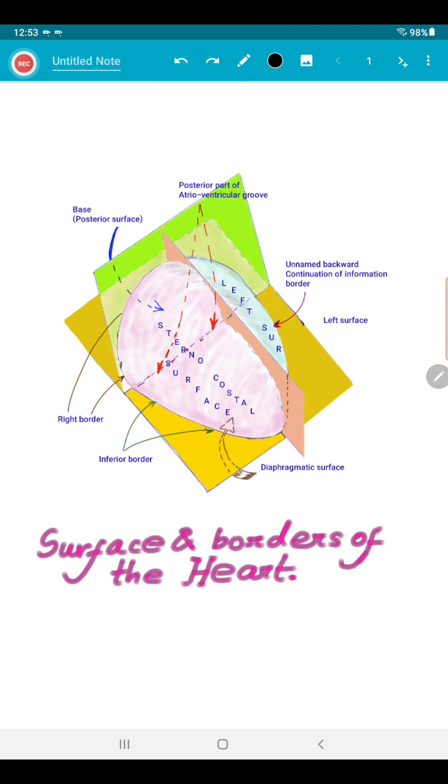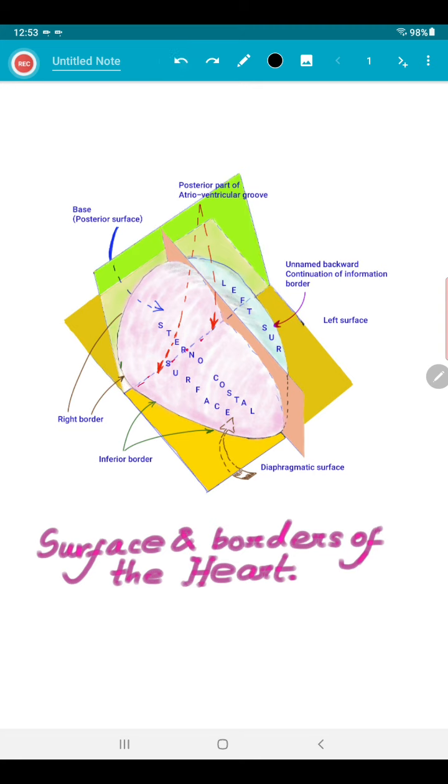The base of the heart is bounded above by the bifurcation of the pulmonary trunk, and below by the posterior part of the atrioventricular groove.